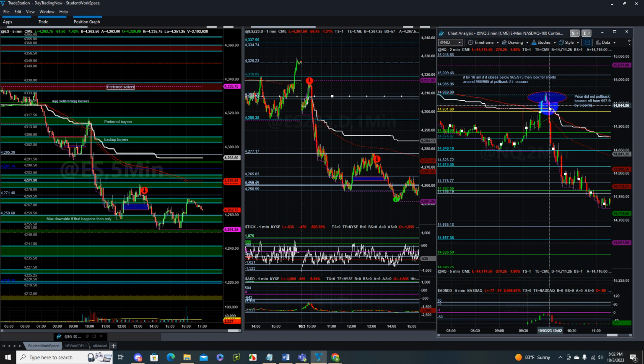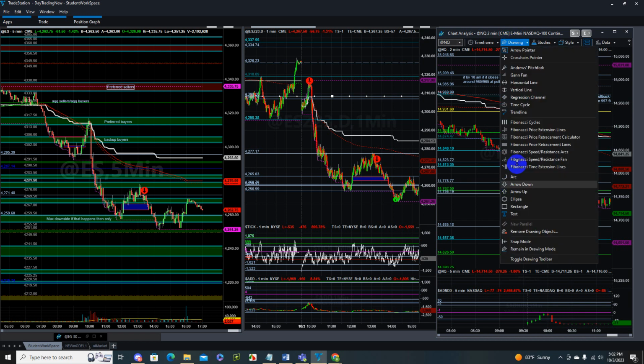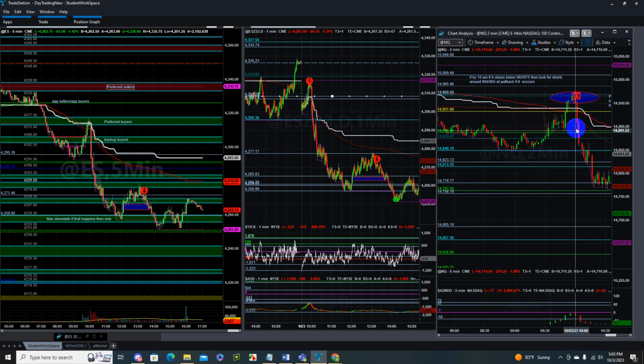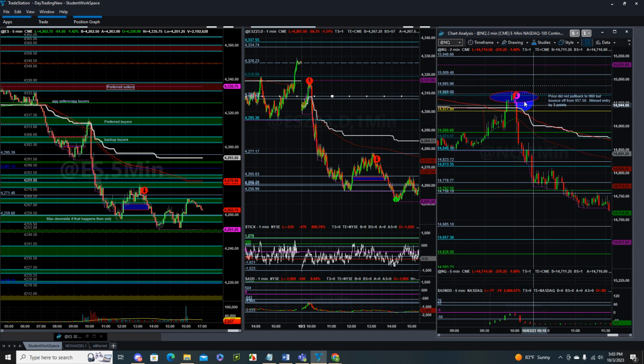And the next candle opened at 957 or 56, and then the damn thing tanked. So I was ready to short right at 960 here. It did not pull back by 3 points. See, I'm talking about a lower risk trade, right?